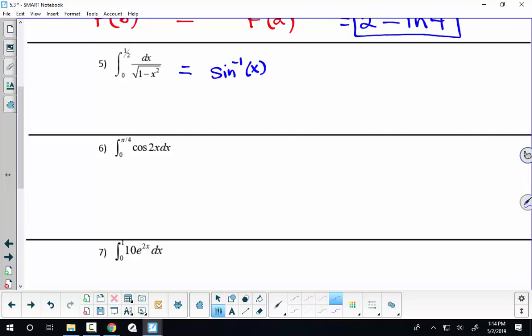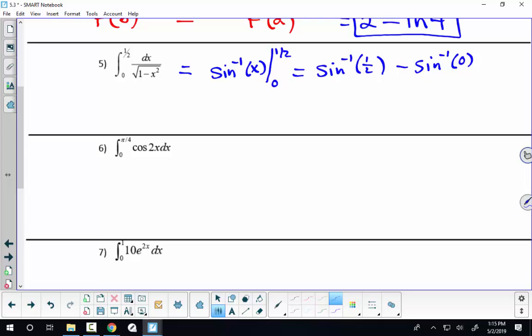Okay, so the antiderivative inverse sine of x evaluated from 0 to 1/2 gives us inverse sine of 1/2 minus inverse sine of 0. What's the inverse sine of 1/2?